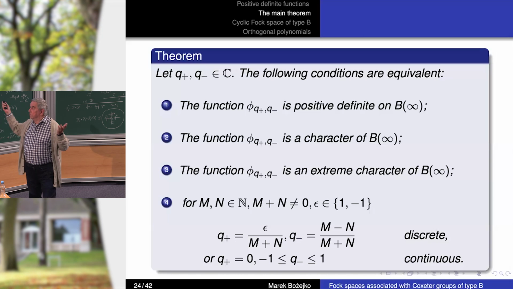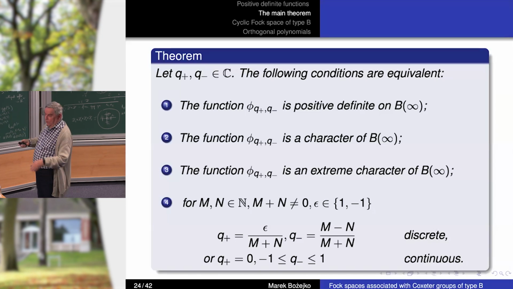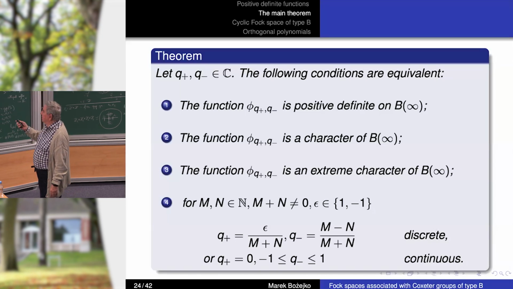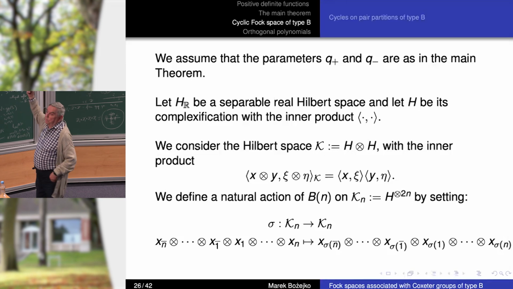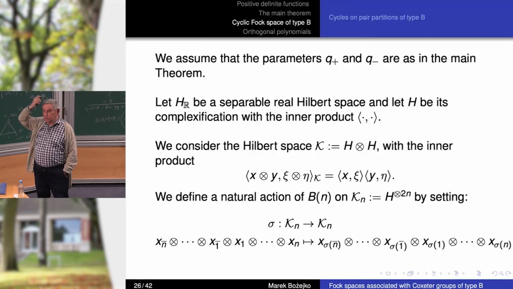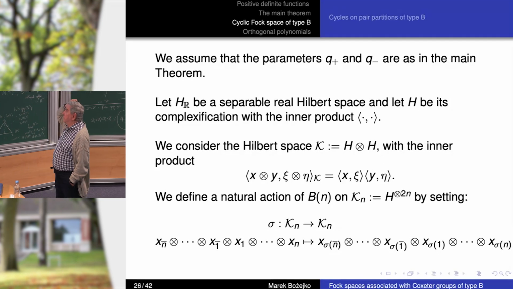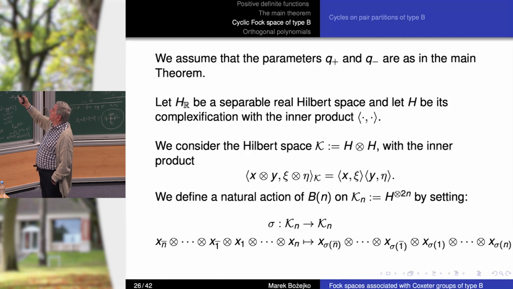Of course, I think the chairman is saying, okay, I have a lot of things to prove, and the main thing is the cyclic Fock space, what we are doing. So now we work with a separable real Hilbert space, which we now make double.